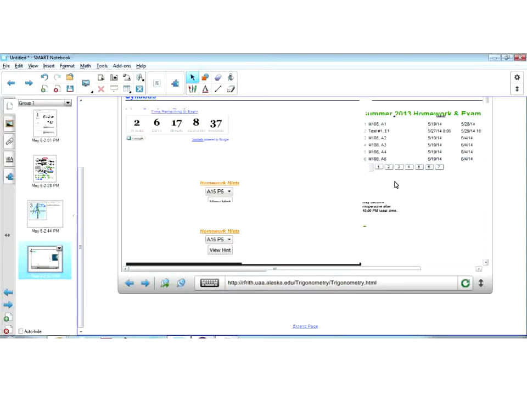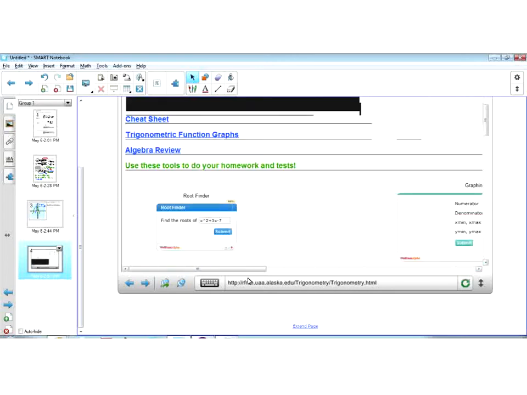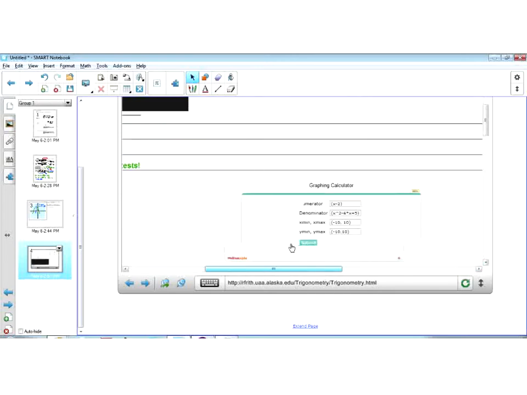Hopefully it'll go there. Okay, there it is. And so here's our trigonometry class website, and then we have this graphing calculator. And so our numerator is basically the polynomial itself, so that would be minus 2x squared minus 5x plus 3, and our denominator is simply 1.